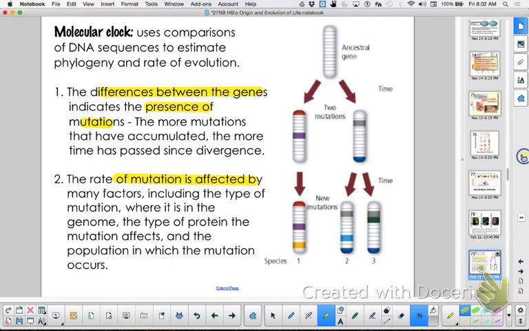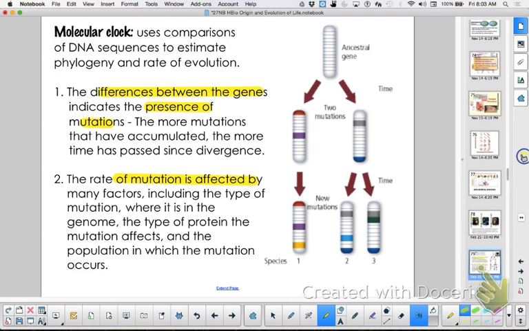Almost all living organisms use ATP, DNA, and specific enzymes. The more similar the DNA and proteins, the more closely related.